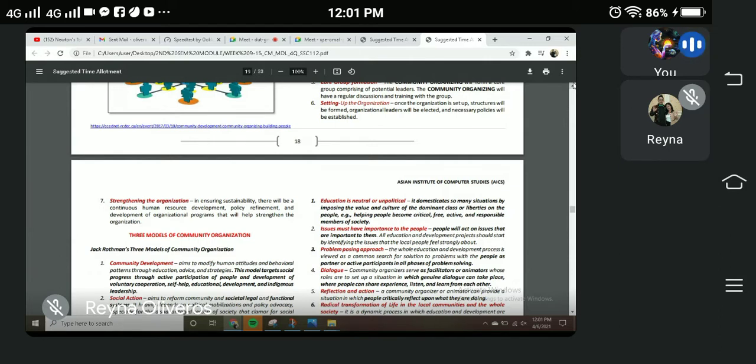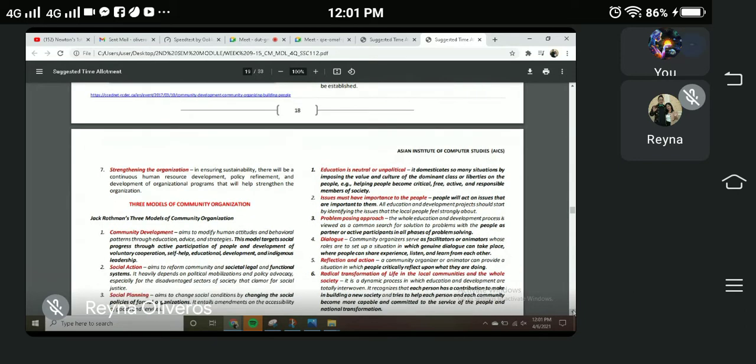There are also 3 models of community organization. Number 1 is Jack Rothman's 3 models of community organization: community development, social action, and social planning.